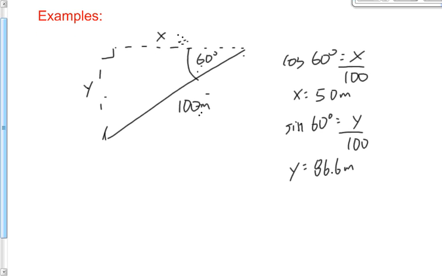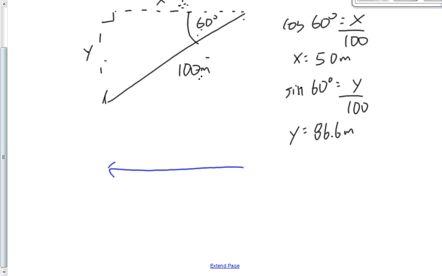I've got 50 to the left, because that went to the left, and 86.6 downwards. Guys, we know what to do with these vectors. They're just straight regular vectors. Now we just have two of them instead of one. The 100 meters became a 50 and an 86. But I'd rather deal with two of them like that than one of them that's at 60 degrees.